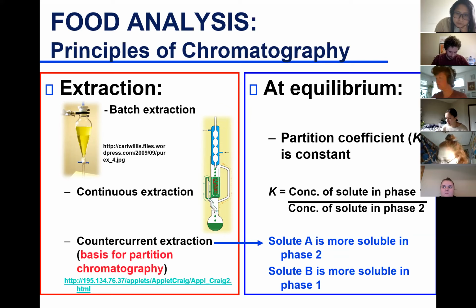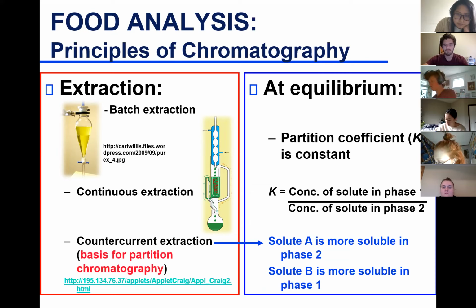So the partition coefficient is a constant. It is the concentration of a solute in phase one, let's say the mobile phase, divided by the concentration of the solute in phase two, let's say the stationary phase.